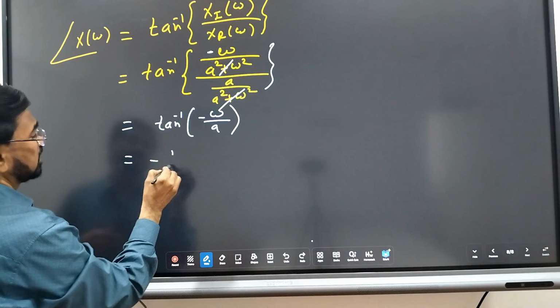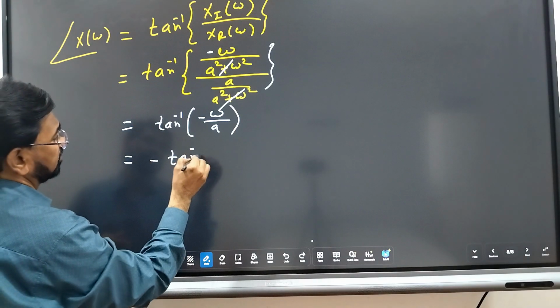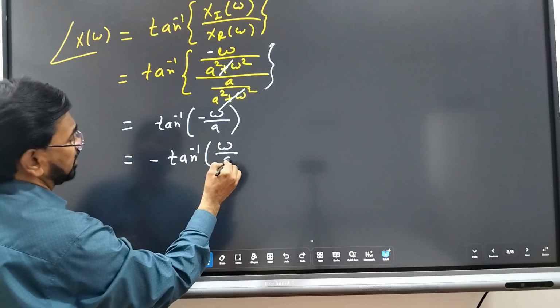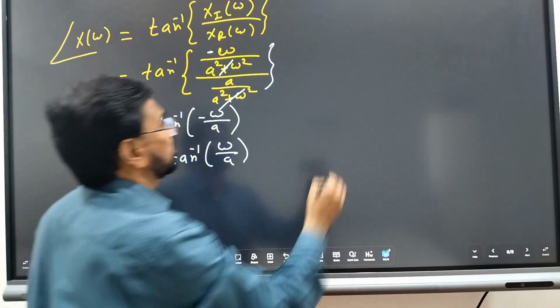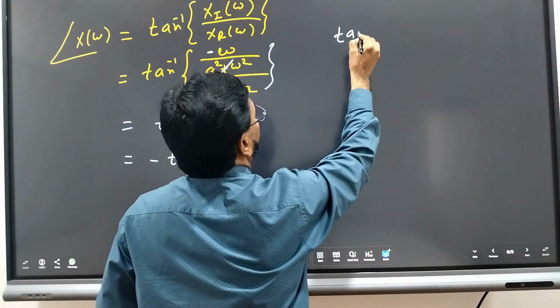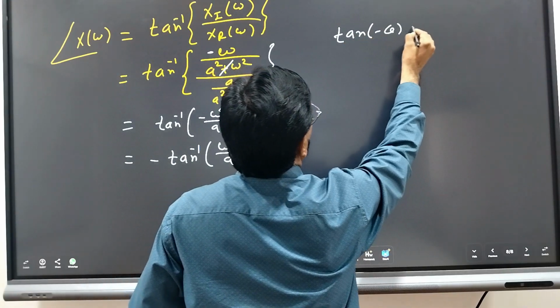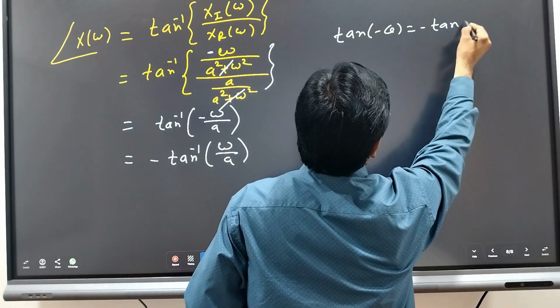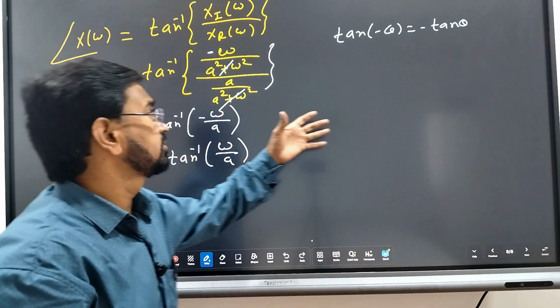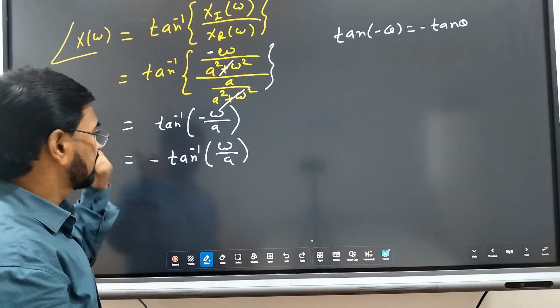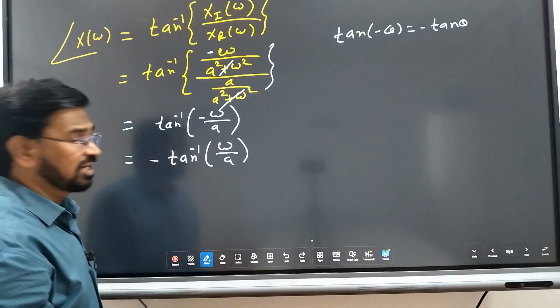It is equal to minus tan inverse of omega divided by a, by using tan of minus theta equal to minus tan theta, which is our trigonometry formula. Using it, we have minus tan inverse of omega by a.